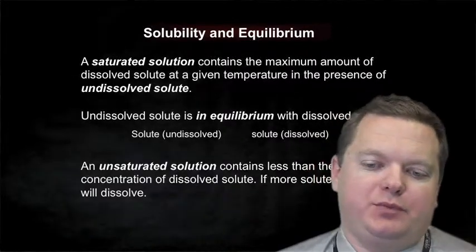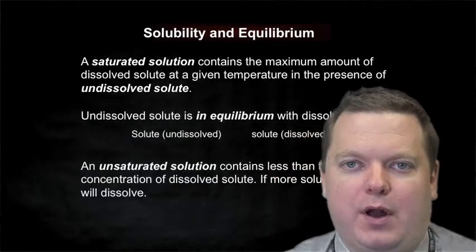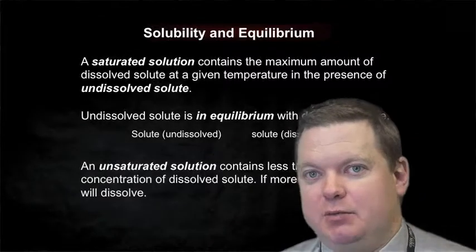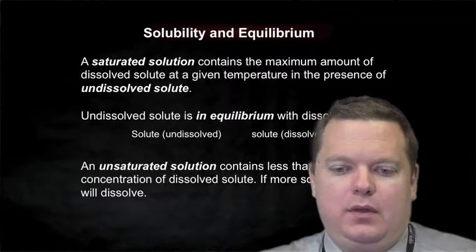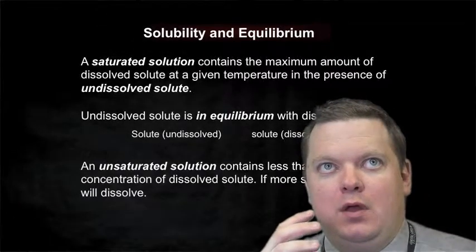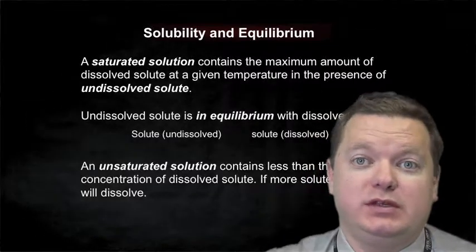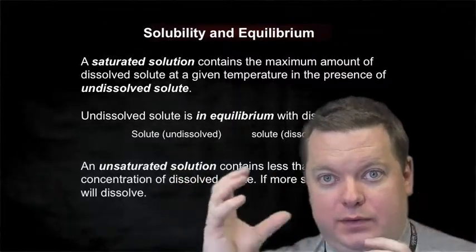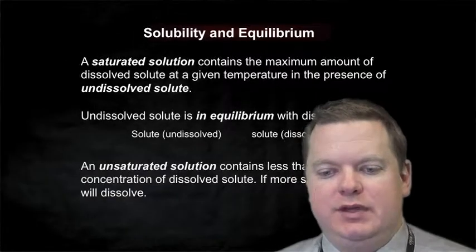We can also talk about equilibrium. Remember that equilibrium is a process where both directions of the reaction are possible and they're happening at a similar rate. When we talk about solubility, we're talking about how much we can dissolve, or where we get an equilibrium between the soluble, dissolved portion and the insoluble. That gives us different states.